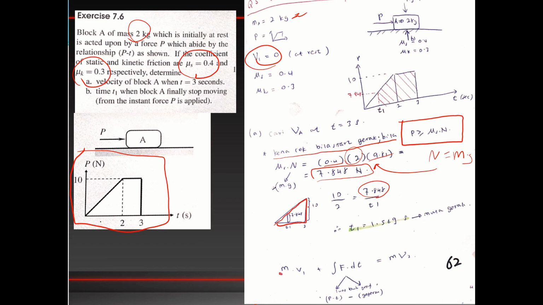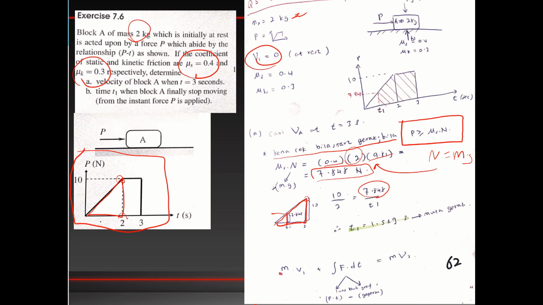This value here, I'm using actually this value. Here is 10, here is 2, so I have 10 to 2. I know that it will start moving at the value of 7.848 Newton.